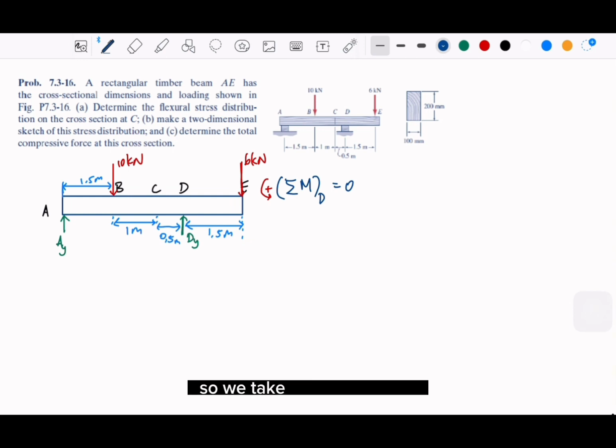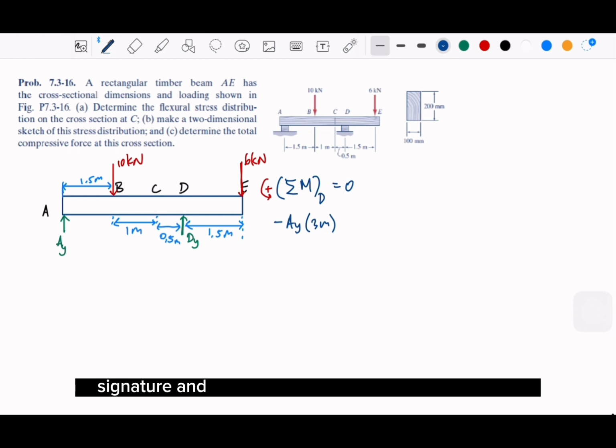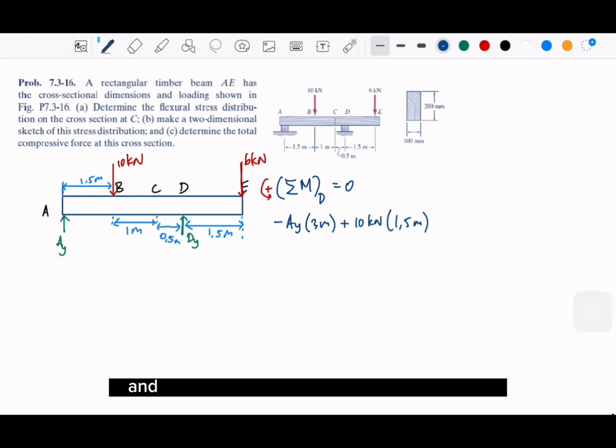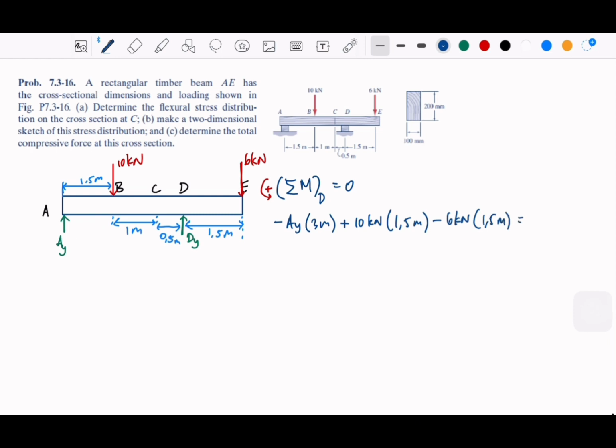So we take negative AY multiplied by 3 meter, plus 10 kilonewton multiplied by 1.5 meter, and then minus 6 kilonewton multiplied by 1.5 meter equaling 0.